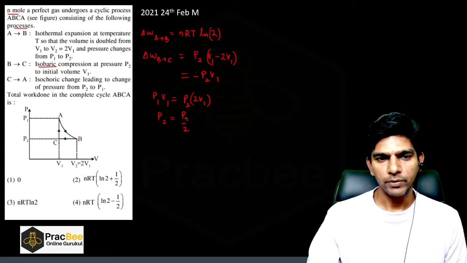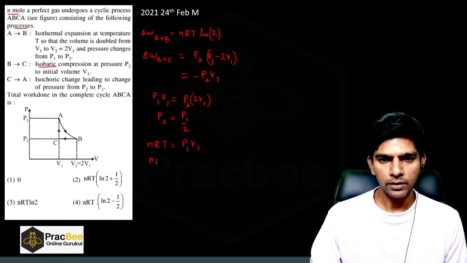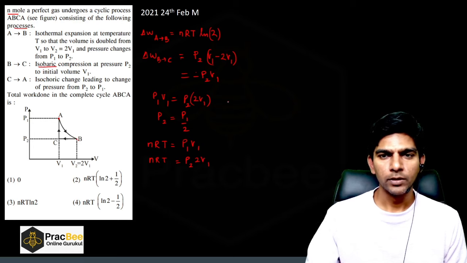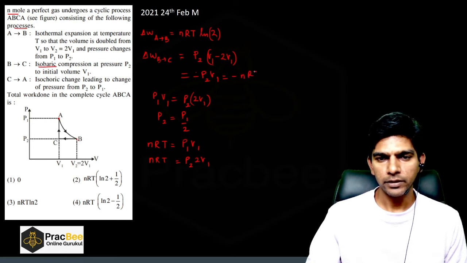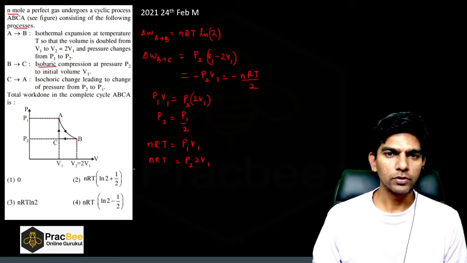And by the ideal gas equation, if I apply it for A, nRT equals P1 V1. It is also equal to nRT equals P2 times 2V1, right? So P2 V1 can be written as minus nRT by 2. Do you remember this?